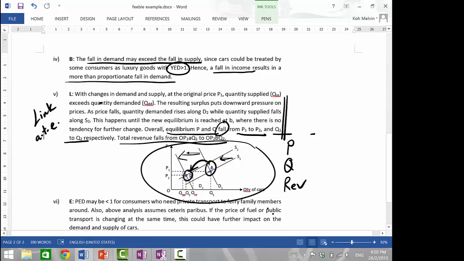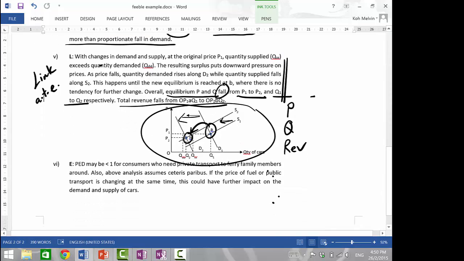The final step simply requires you to acknowledge some possible limitations to your analysis above. And as I mentioned earlier, you do not have to flesh out a whole alternative discussion based on these limitations.